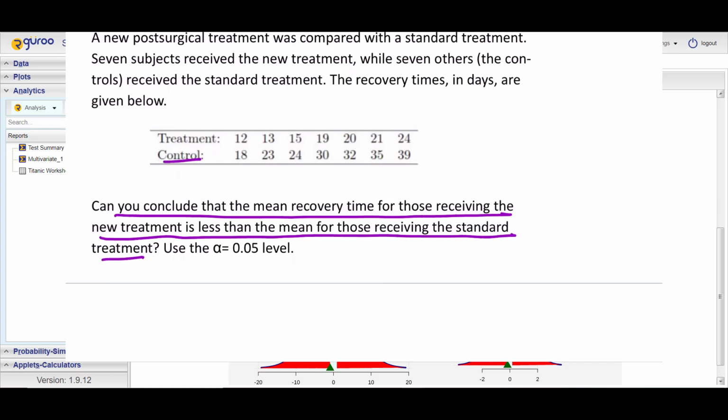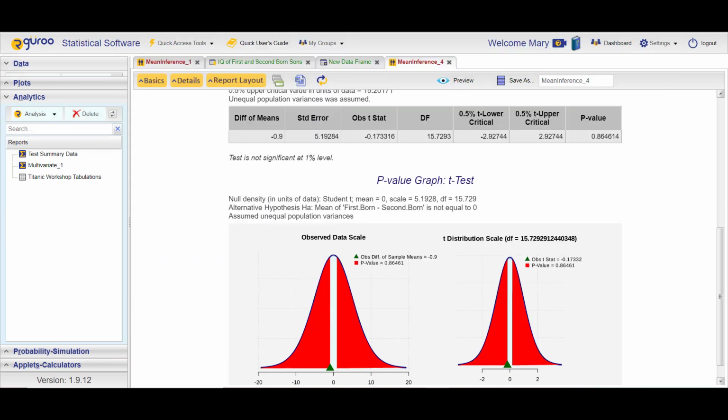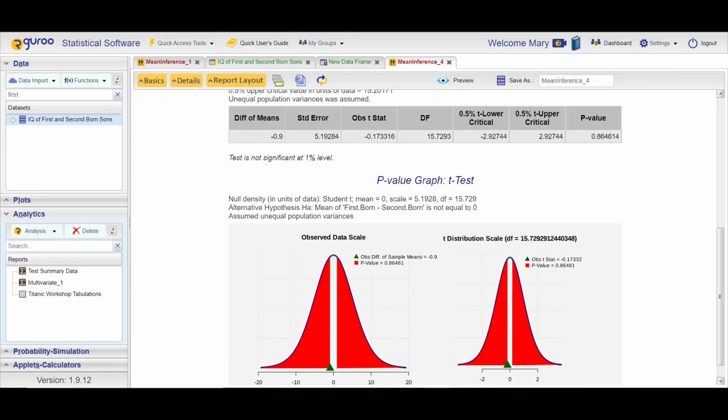Standard would be control. Okay, so we're doing a mean inference for two populations, and we would enter our data, and I believe I have the data already typed in for this as well.